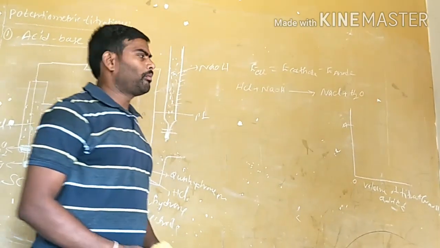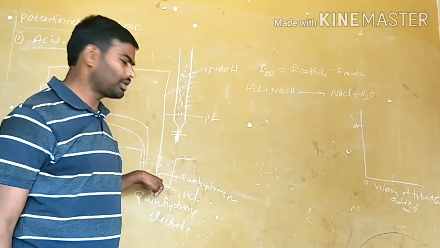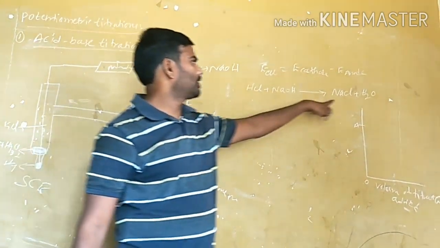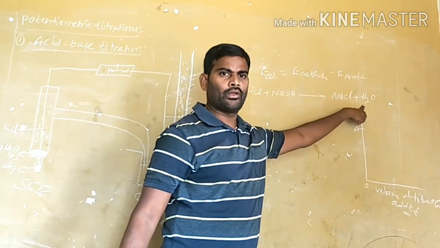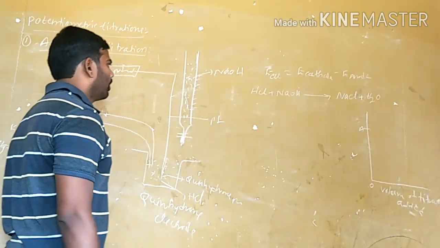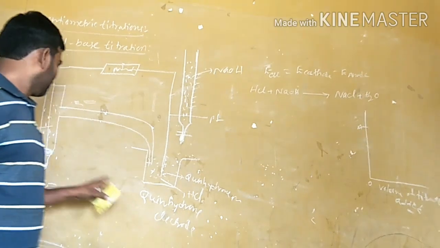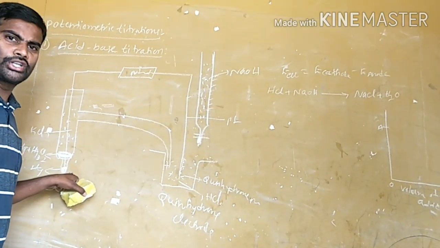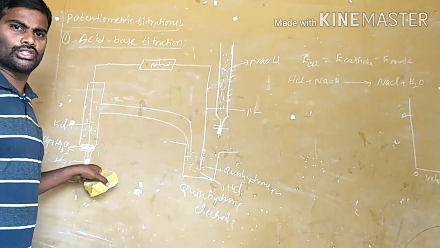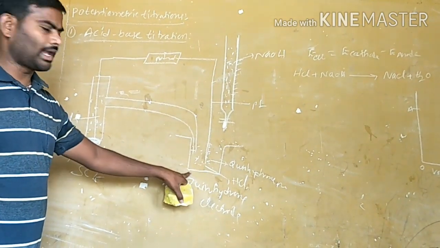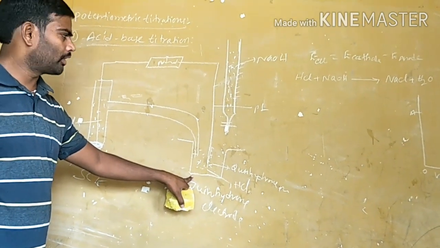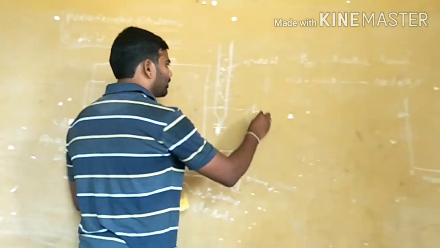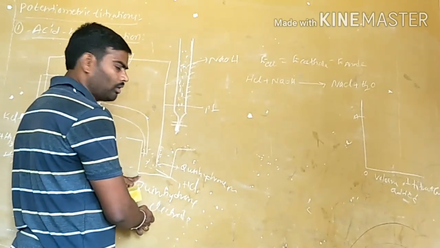Formation of water means the H plus ions in the solution are removed as water molecules. Now, the reference electrode is one whose potential value will not change with the change in the concentration. This is acting as an indicator electrode. This is a quinhydron electrode, and this quinhydron electrode is acting as a cathode now.